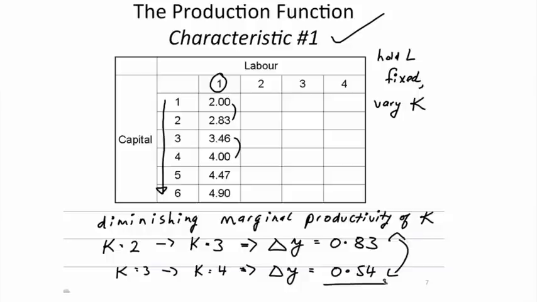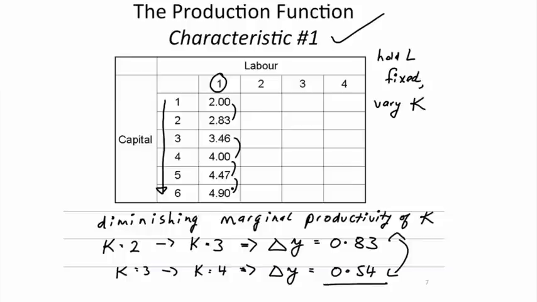The extra output that has been produced as a result of growing capital from 3 to 4 is smaller than the extra output that was produced when we grew capital from 2 to 3. And if you repeat this exercise, you'll see that that is a general characteristic of these numbers. That as we grow capital, holding labour fixed and holding all of those secondary factors fixed, we do get extra output, but we're getting a diminishing amount of extra output.